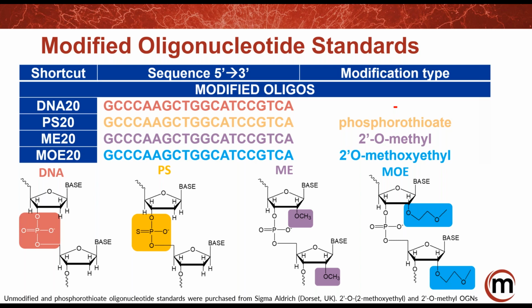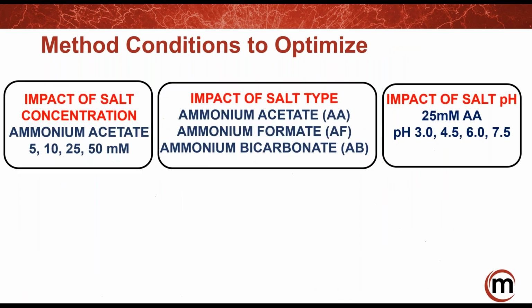Again, oligonucleotides are pretty much a new standard for drug products in pharma, and we're just looking at different ways to support the analytical workflow and for that matter, preparative workflow. So we looked at salt concentration, impact of salt type, and also impact of the salt pH.